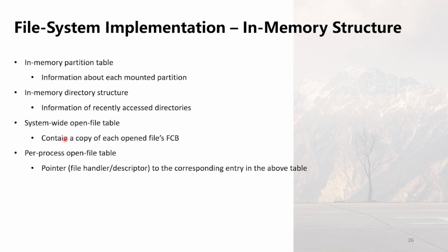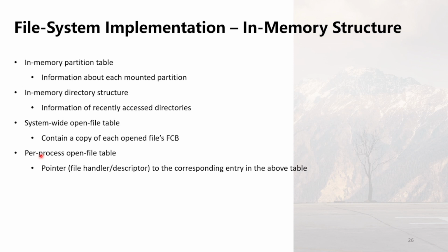Since we may open many files at once, the FCBs corresponding to these files will be stored in the system-wide open file table for easy management and maintenance. Depending on the files opened by different processes or users, we can record process state through the per-process open file table.